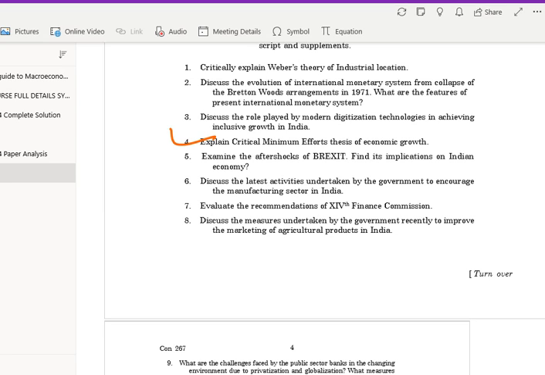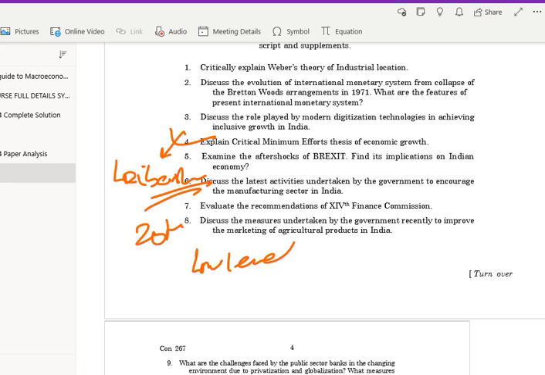For each and every exam, first you give an introduction, like the critical minimum effort thesis developed by the economist Harvey Leibenstein. Then in the post-World War II period, many countries, particularly in Asia and Africa, were grappling with widespread poverty, low productivity, underdevelopment, and traditional economic theory which worked well for developed economies. Then the low-level equilibrium trap, all those things you have to give.